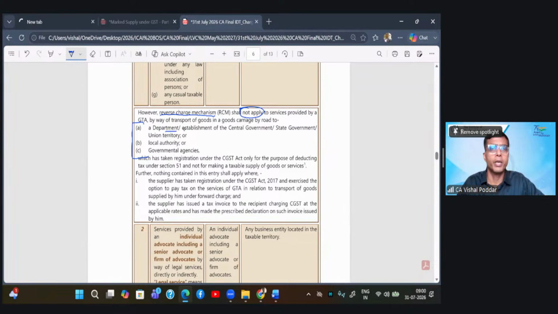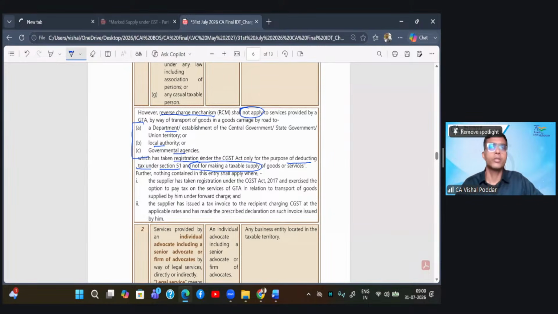It may be a department of government, a local authority, or any government agency. Government is excluded whenever it has taken registration only for the purpose of TDS under section 51, and most importantly, it is not going to make any outward supply.